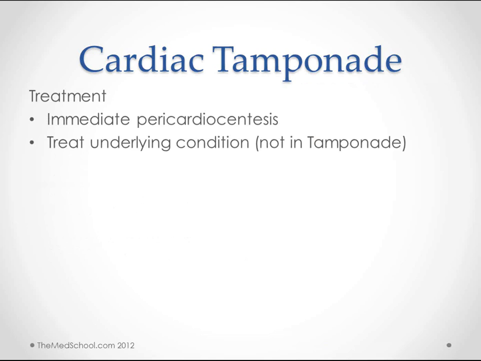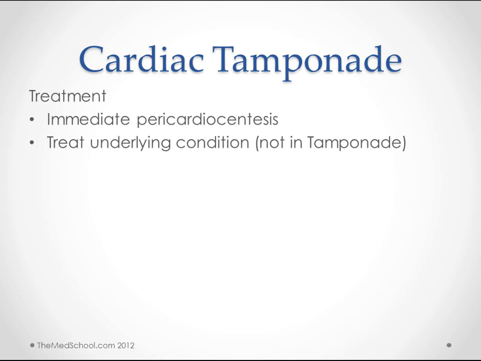And the treatment of cardiac tamponade includes immediate pericardiocentesis. Again, there are good YouTube videos to look up how to do that. But basically, we're just letting all the fluid drain out of the pericardium. If it's not quite a tamponade, but you do have effusion or hemopericardium, then you can just work on treating the underlying condition, and the fluid will resolve itself in some cases.